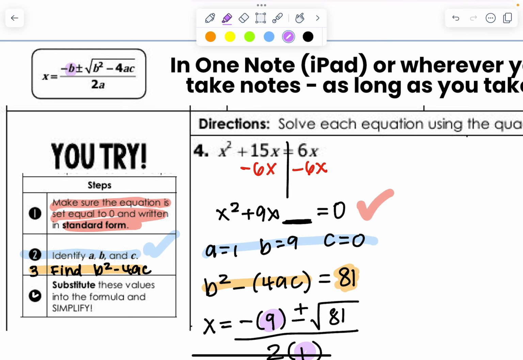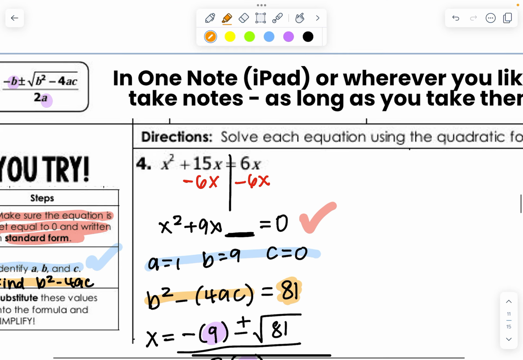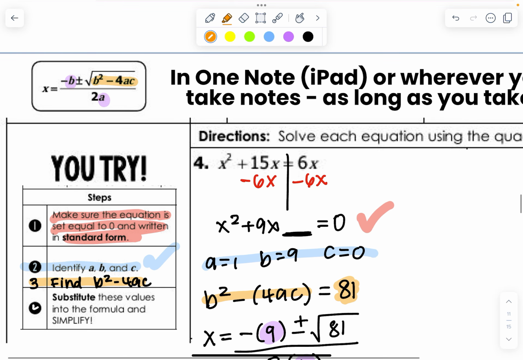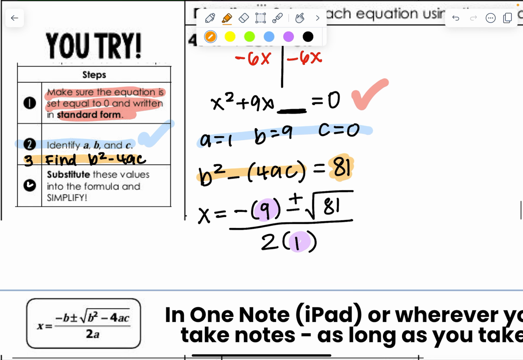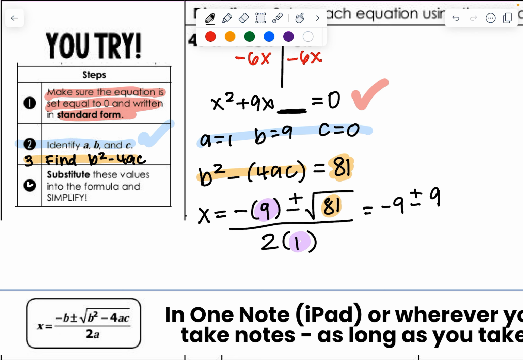I'm plugging in right here, and you know what this is already. 81 was my discriminant. Now I'm ready to simplify. Negative 9 is just negative 9 plus or minus the square root of 81. I know the square root of 81. It's positive 9 and negative 9, but the plus or minus is already there, so you can just leave it as 9. All divided by 2 times 1, which is just 2.